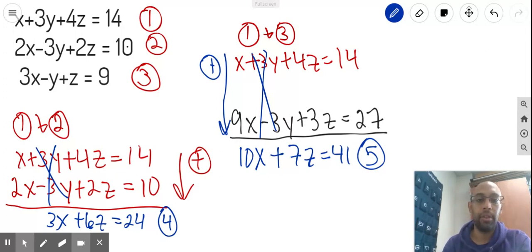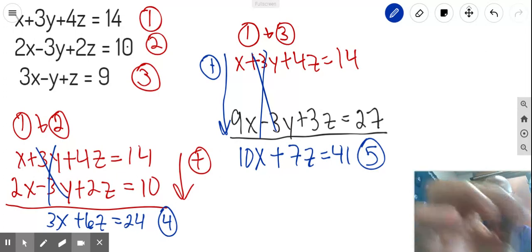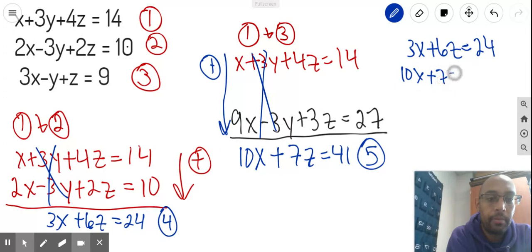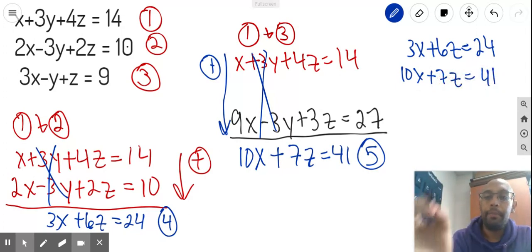All right, so I'm actually going to rewrite them off to the side here. So this is 3x plus 6z equals 24. And then 10x plus 7z equals 41. Okay.